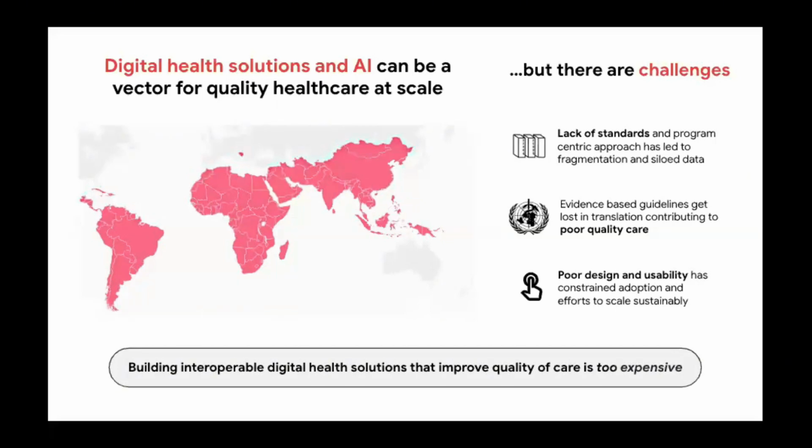So basically, if we boil it all down, today, building interoperable digital health solutions that can really address this quality of care is too expensive. It is possible, one can build integrations between lots of different systems and others, but we know that it's not very sustainable.